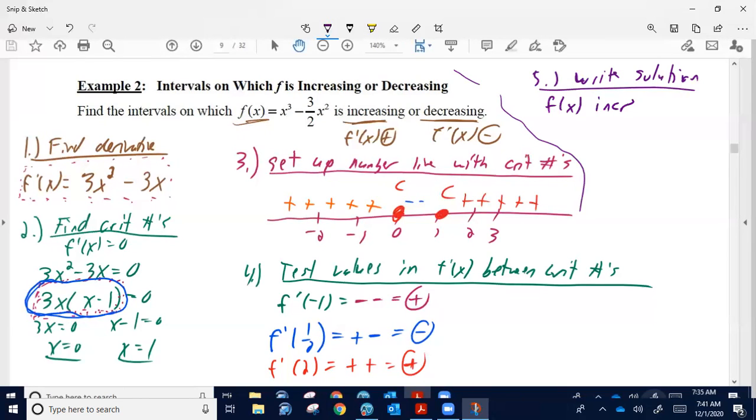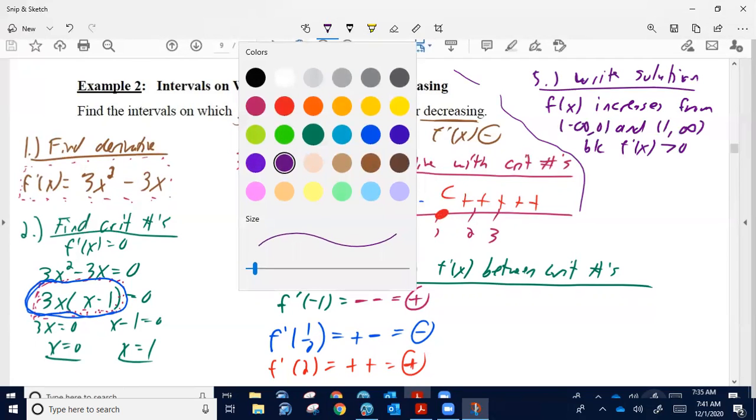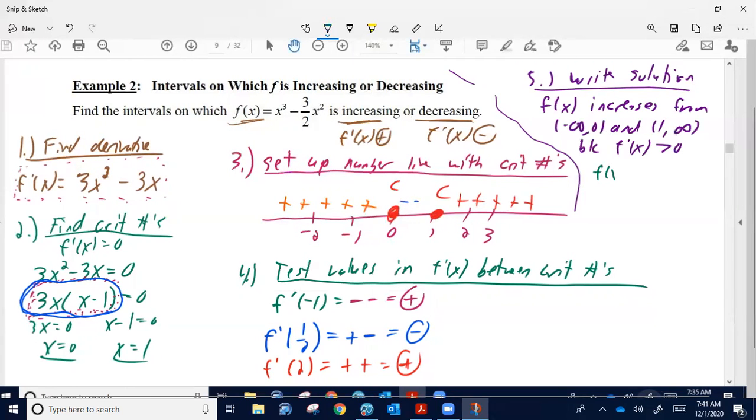F of x increases from -infinity to 0 and 1 to infinity because f prime is greater than 0. And then you would say f of x decreases from 0 to 1, 0 comma 1, because f prime is less than 0.